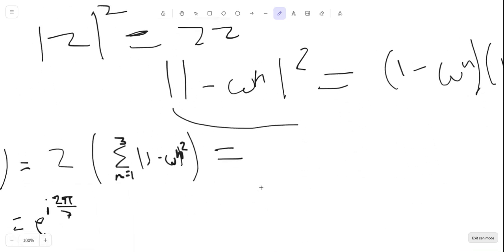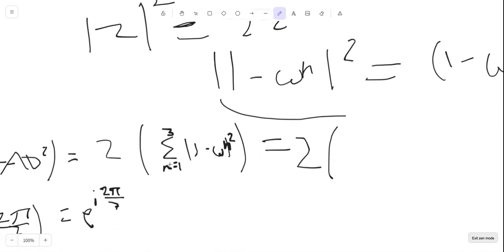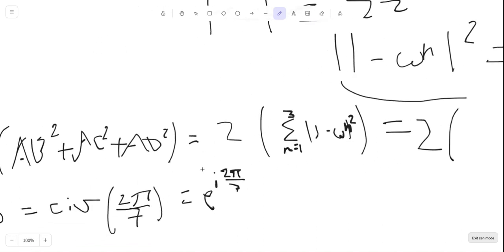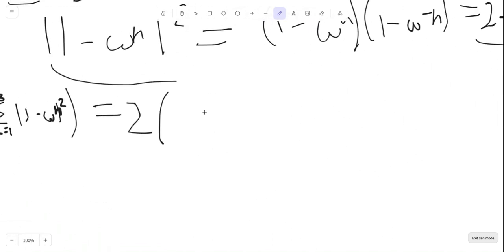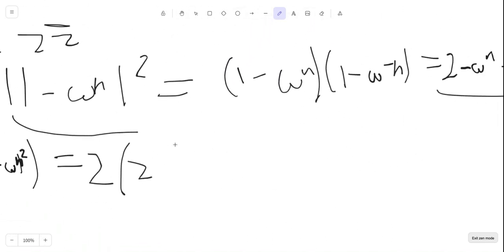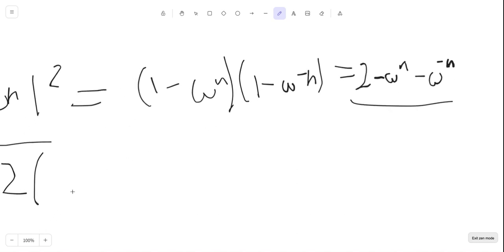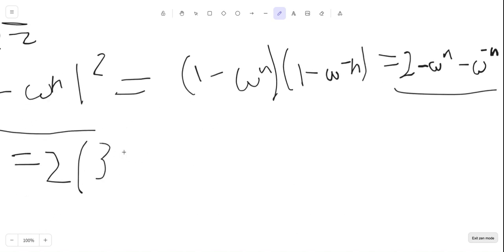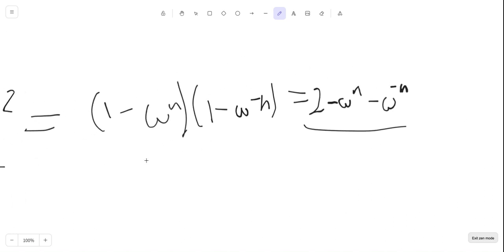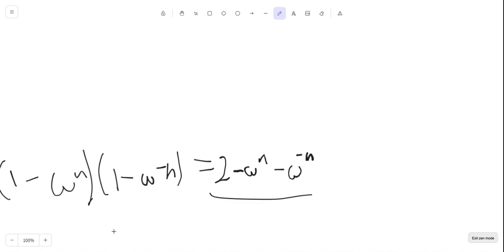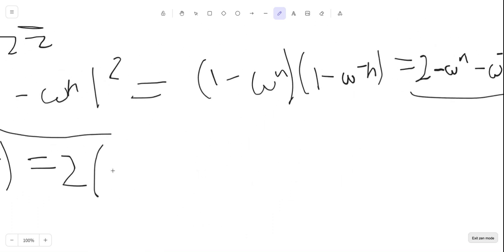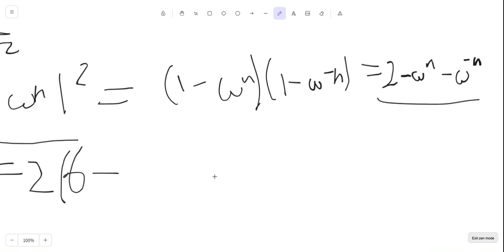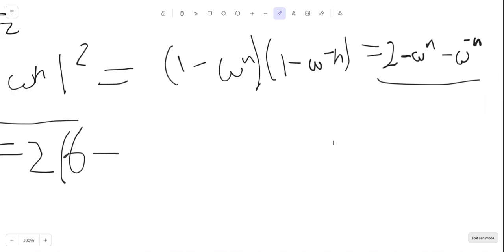Now this gives us the sum of the distances squared for n ranging from 1 through 3. Using this formula, if we're summing from 1 through 3, then we're multiplying 2 by 3 because we're summing 2 three times. So 6 minus, and then these always have negative signs, so we can just add them.